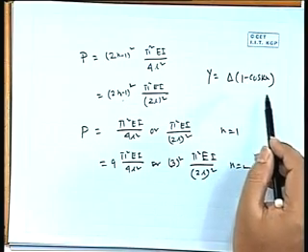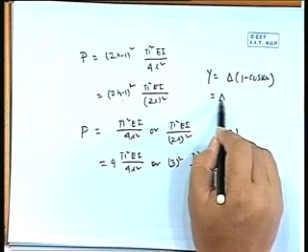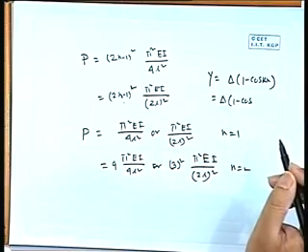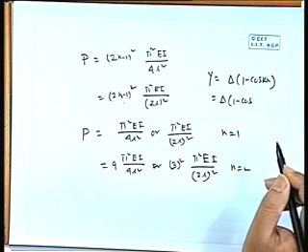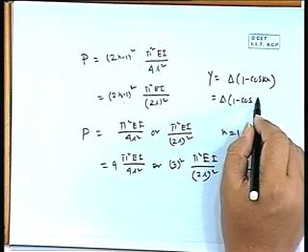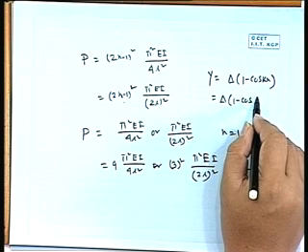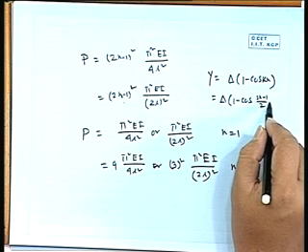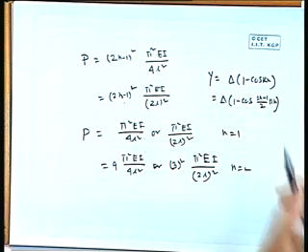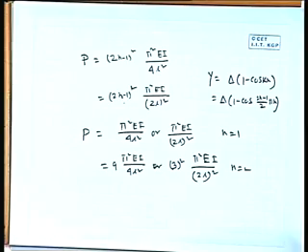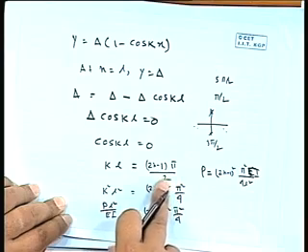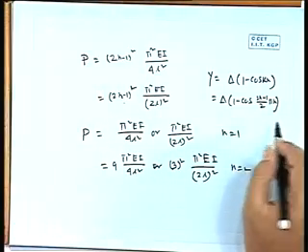Now we have already determined k, so k equal to (2n minus 1) pi by 2L.